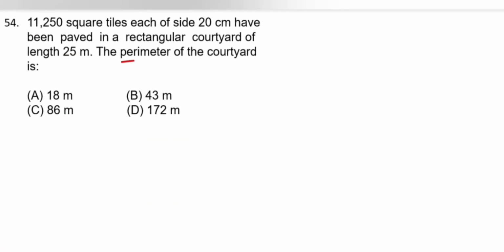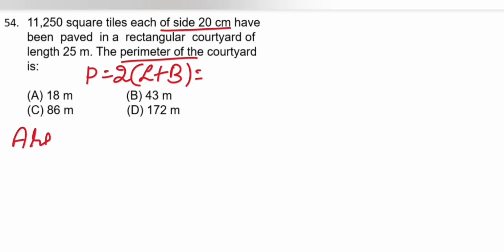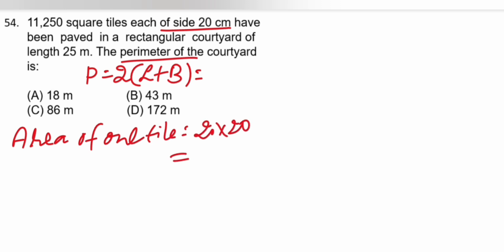Here in this question, we have to find out the perimeter of the courtyard. So the perimeter of a courtyard is equal to 2 into length plus breadth. So length is given as 25 meter, but breadth is not given. So that we can find out by using the given data. Let us say the area of one tile is equal to 20 into 20. Alright, so 20 into 20 is 400 centimeter square.